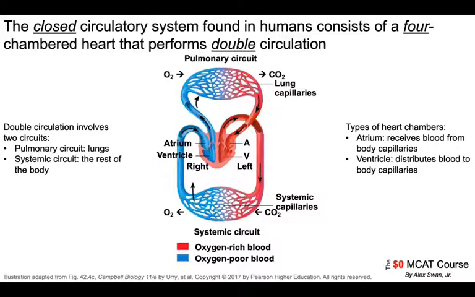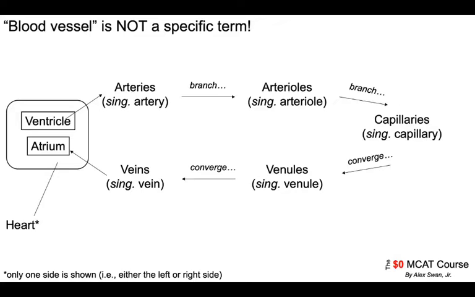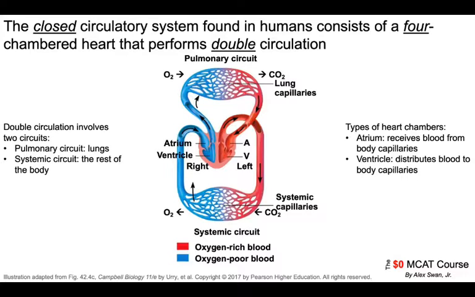And then the blood goes on for yet another circuit, the systemic circuit, which will deliver blood to the body cells and the organs outside of the lungs. We can see that oxygen is leaving this blood, which is important because this oxygen is required for respiration.